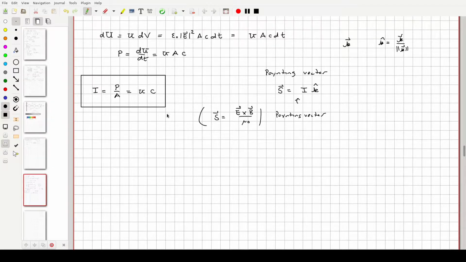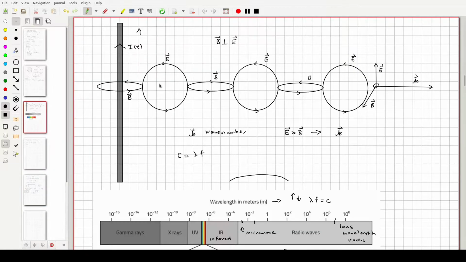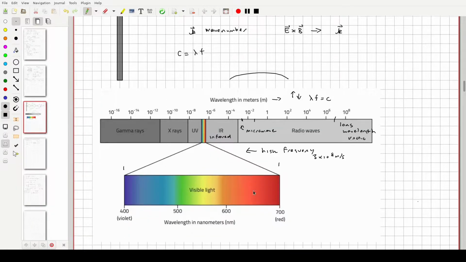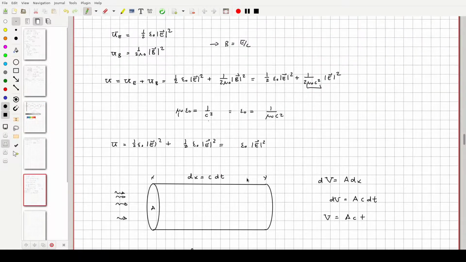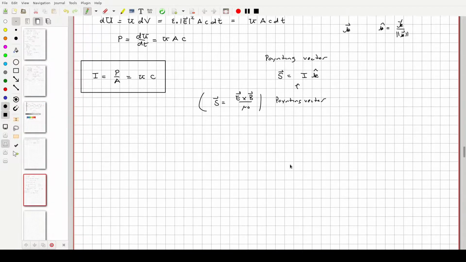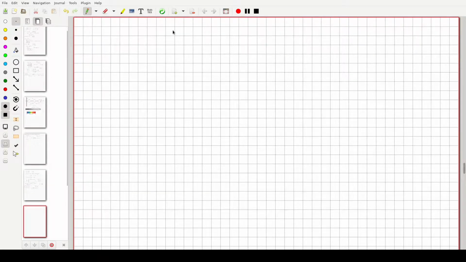When I wrote this down earlier and talked about the relationship between E, B and k, this is where that relationship comes from: the Poynting vector. I just wanted to point that out for completion. But what I would like to do is talk about a more useful version of intensity.